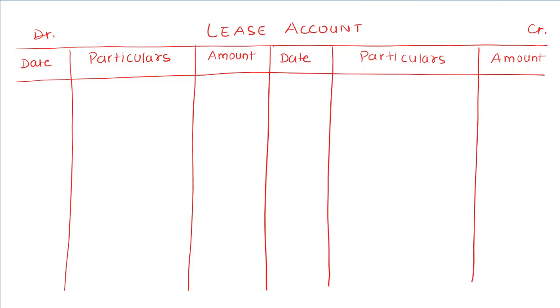Date, particulars, amount, date, particulars, amount. Starting from 1st of January 2013, to bank account 9 lakhs. The lease is taken at 9 lakhs and 9 lakhs is paid. Lease account debit to bank account 9 lakhs.